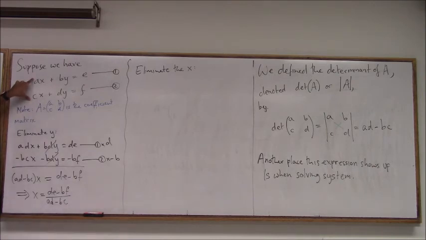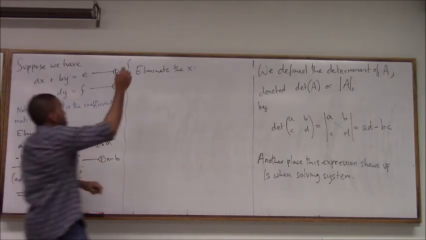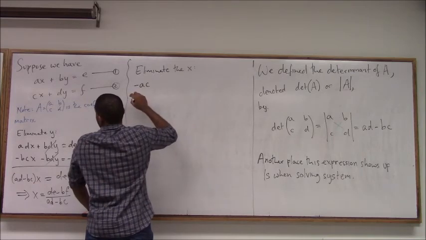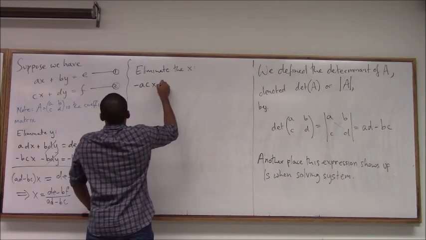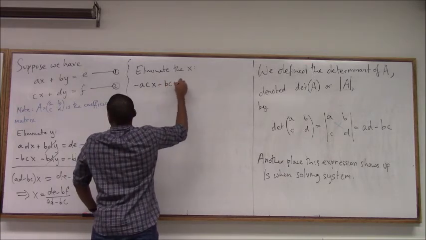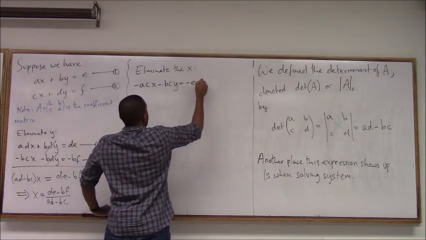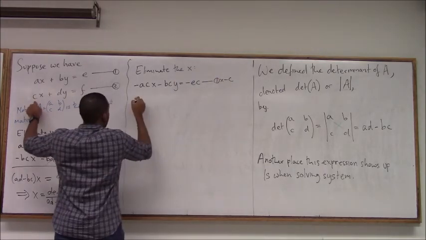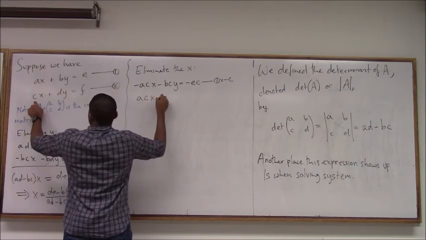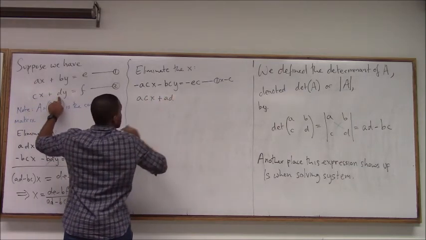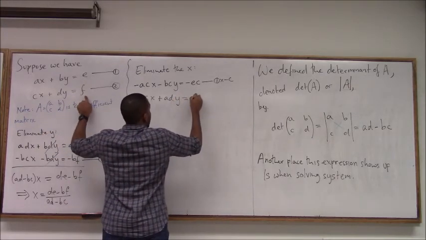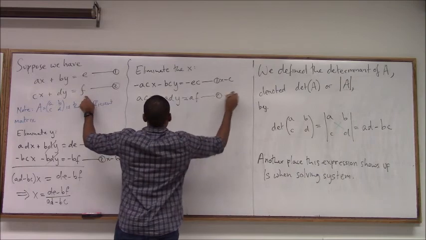I can multiply this one by minus c and that one by a. So I get minus acx minus bcy equals minus ec. That's equation 1 times minus c. And I multiply this by a: acx plus ady equals af. This is equation 2 multiplied by a.